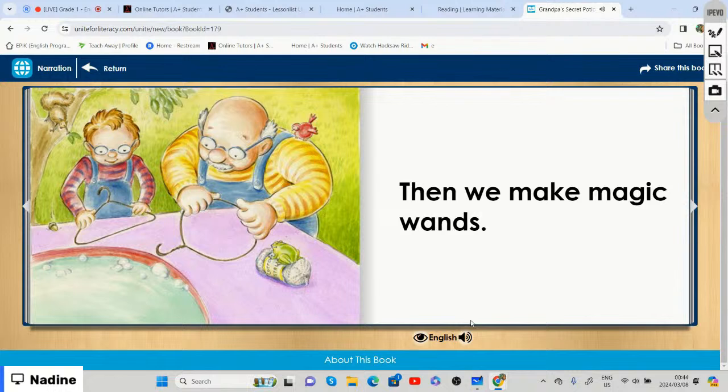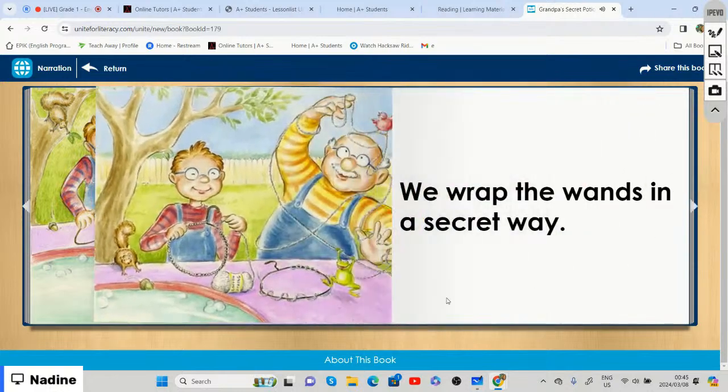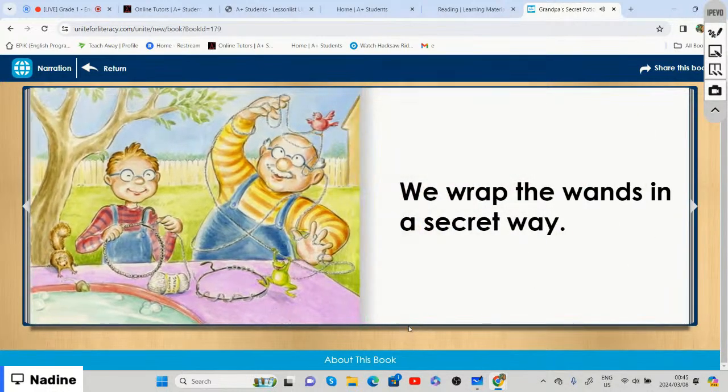Then we make magic wands. We wrap the wands in a secret way.